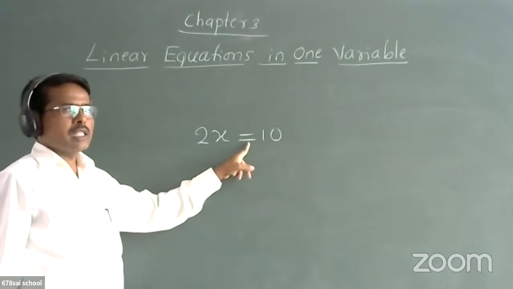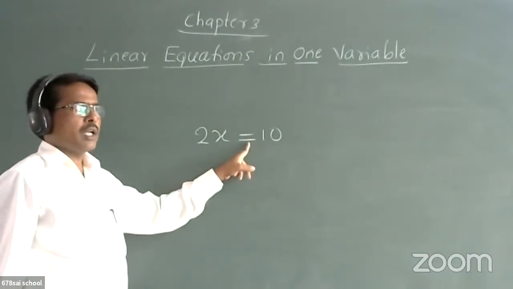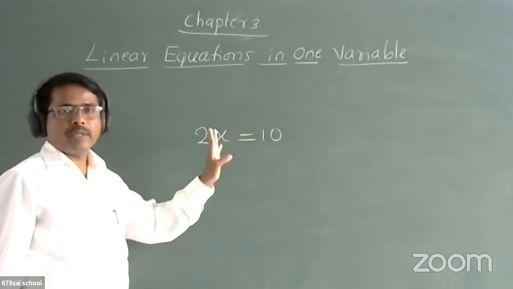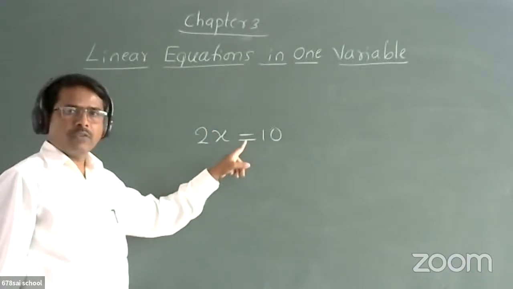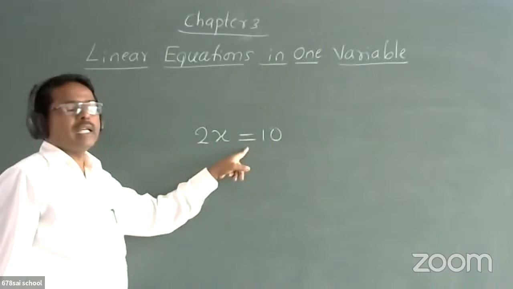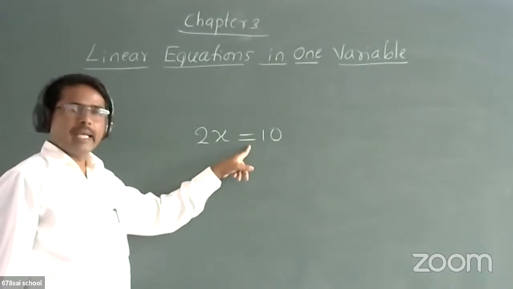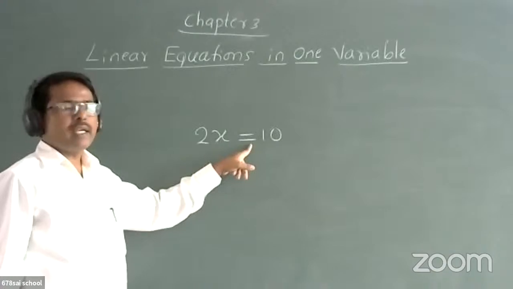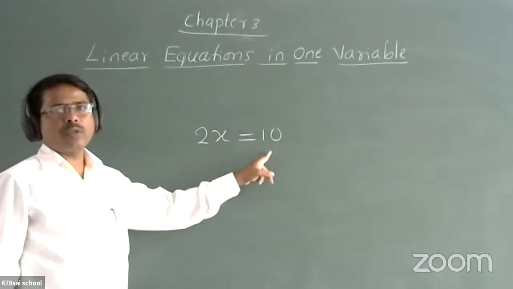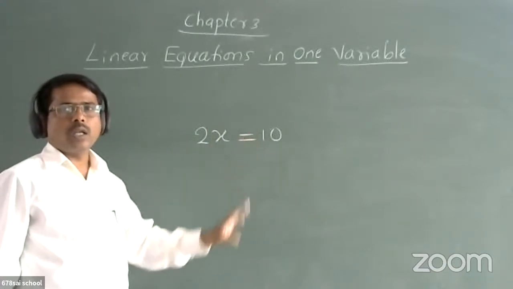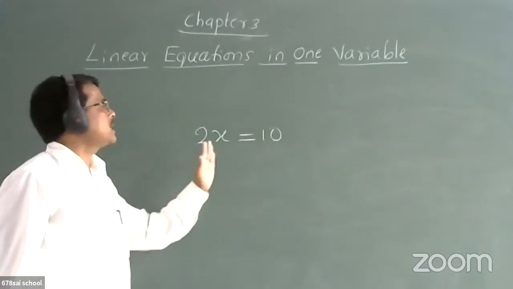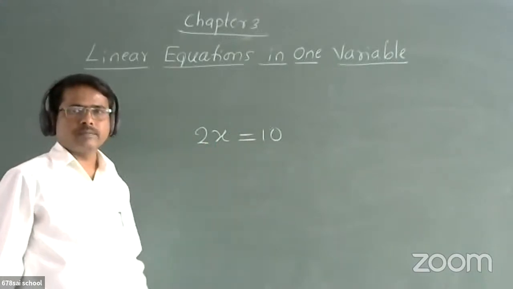In an algebraic expression or in a polynomial, the equal to sign will not be there. If equal to sign is there, then that is an equation. The equal to sign tells that the left hand side and right hand side are equal.